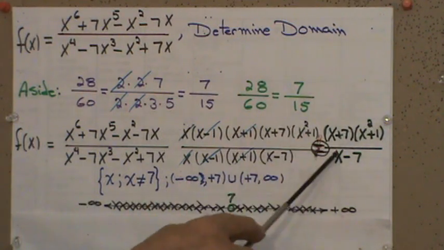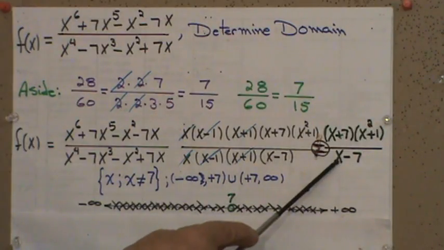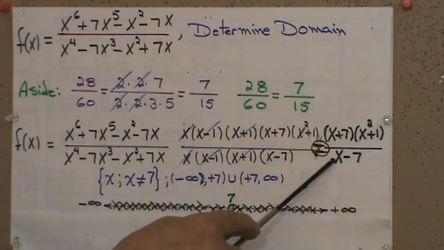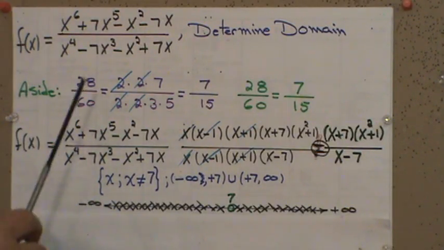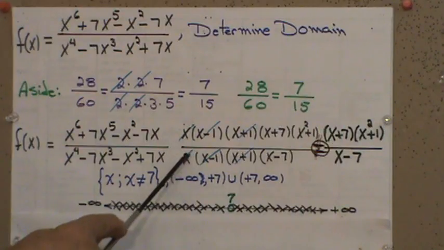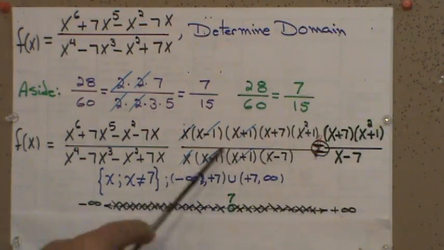Now the domain of g of x is all numbers except x cannot be 7. Do you follow? Because if x is 7, we get division by 0. But the original function given to me is defined for all real numbers except 0, -1, 1 and 7. You see the difference?